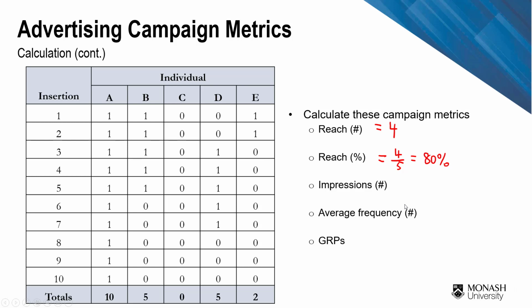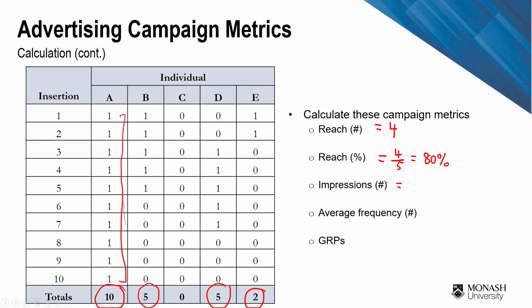Now, impressions. Impression is basically your exposure. So I just want to check how much exposure there is. If you look here, individual A has been exposed to all of it. There are 10 insertions and individual A has watched all of them, so the total here is 10. Individual B has watched it 5 times, individual D 5, and individual E 2.